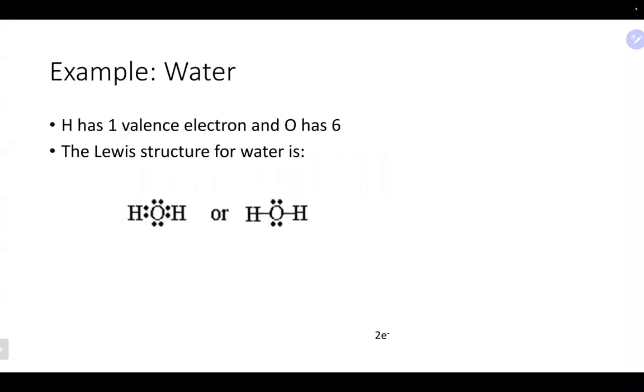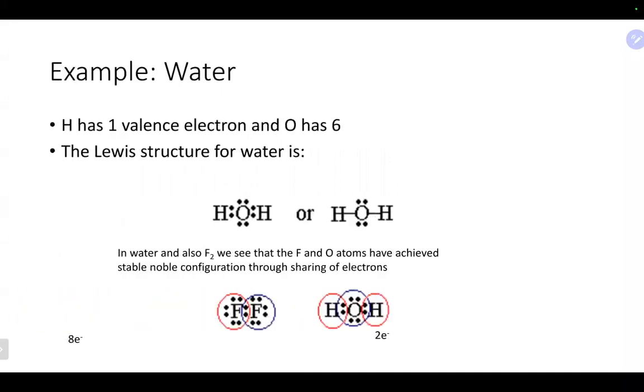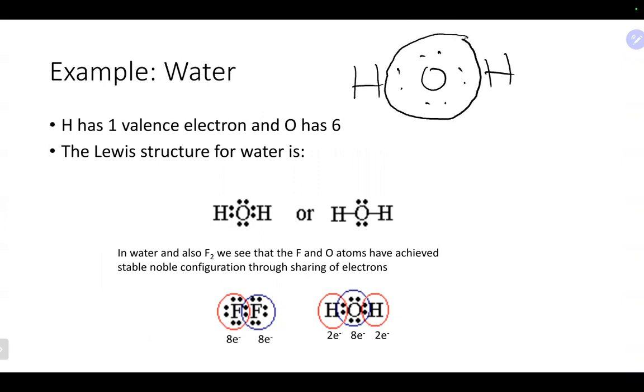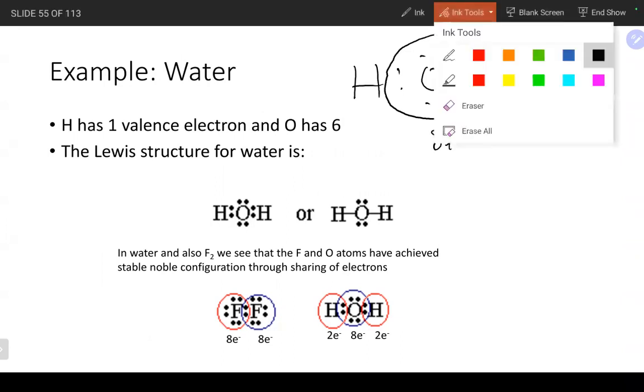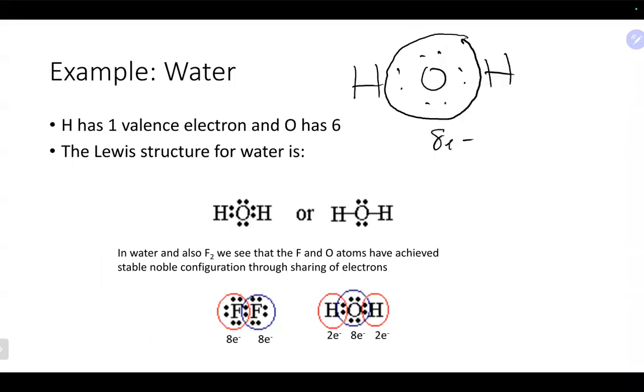So if we look at something like water and we draw water here, once again, water is sharing some electrons with 2 hydrogens, and I'll do it with all dots so we can see it. The oxygen in the middle, by sharing electrons with both hydrogens, is now able to achieve 8 electrons, which allows the oxygen to achieve that noble gas configuration.